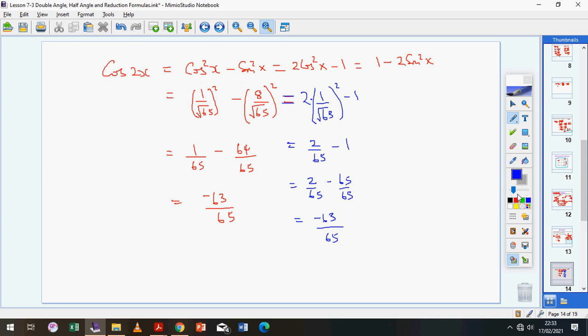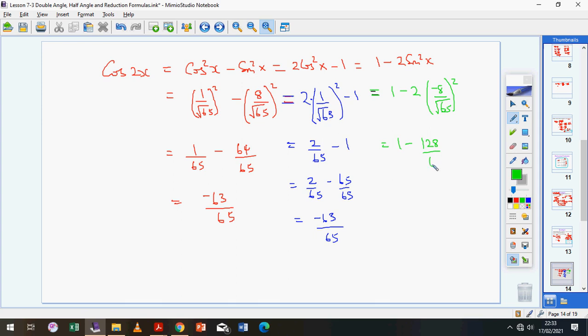Okay, 1 minus 2 sine squared x. Sine x is negative 8 over the square root of 65, but I am squaring that. So it's 1 minus 2 times 64 over 65. 2 times 64 is 128 over 65.